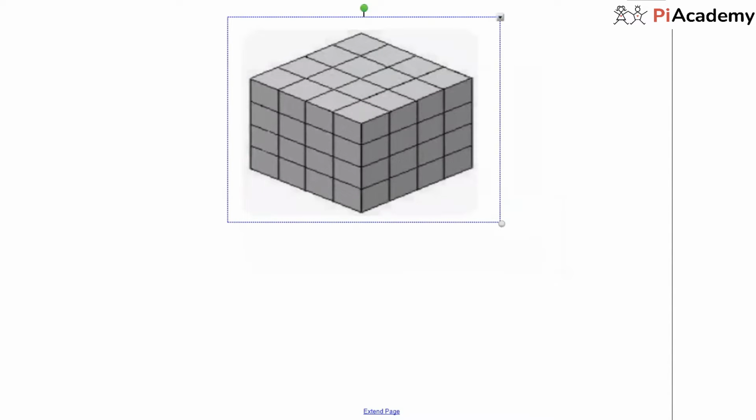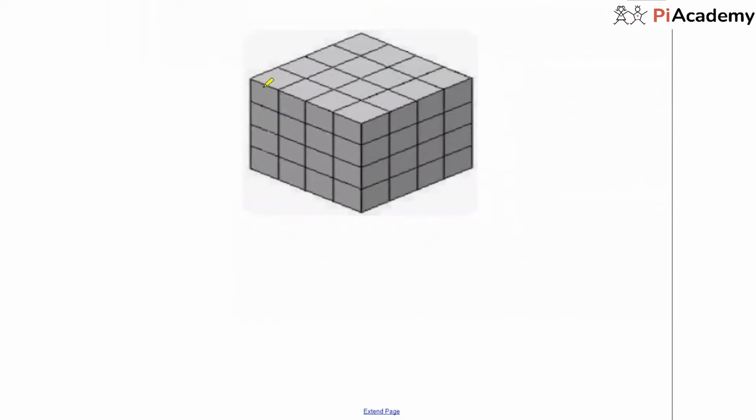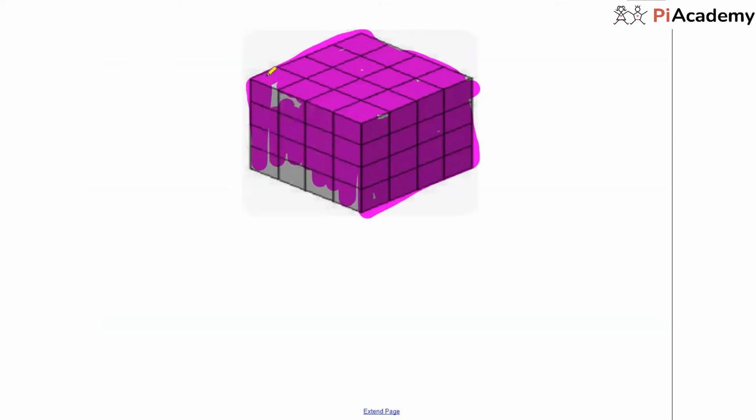A 4x4 cube. Now, if I'm painting it with, say, pink color, I'm painting it outside with the pink color on all sides. I'm painting it around outside, including the other sides which you are not seeing.